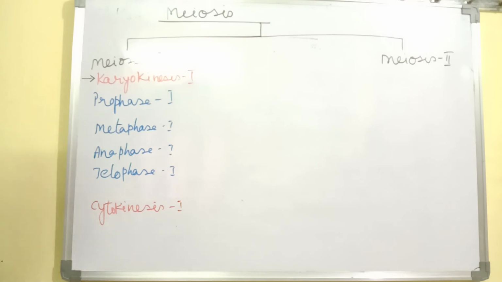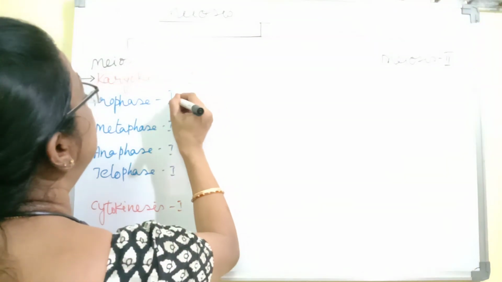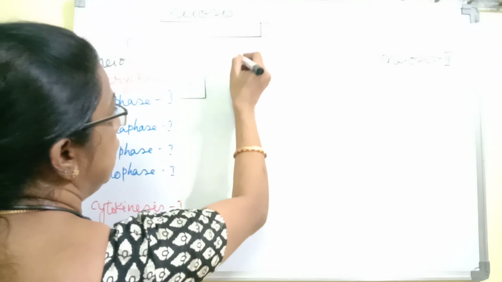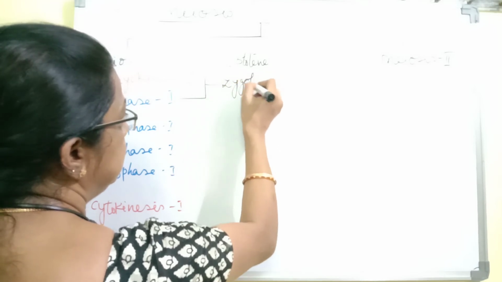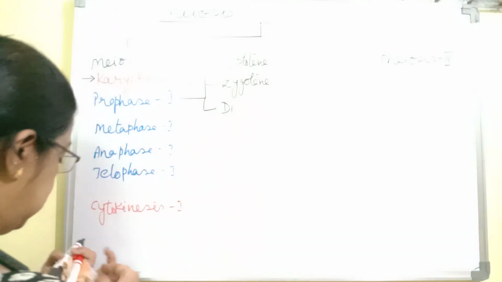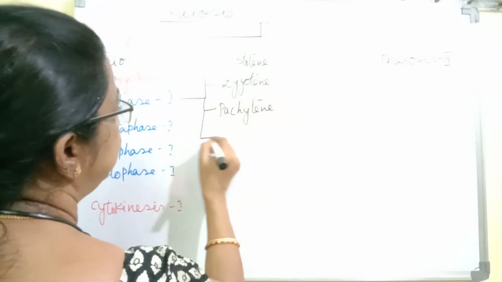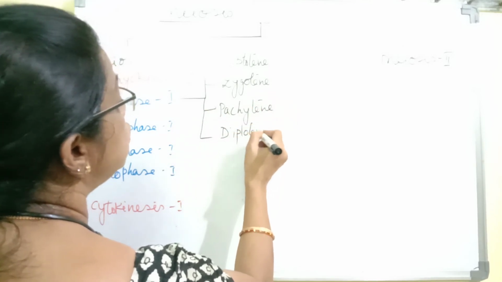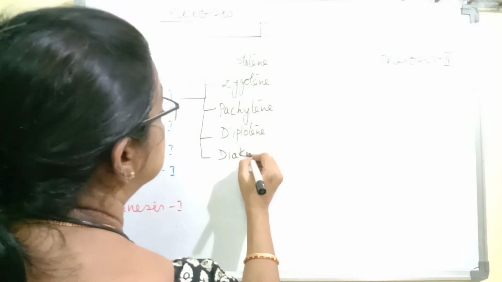Prophase 1 is the longest phase and is further divided into 5 subphases: leptotene, then zygotene, after zygotene we have pachytene, then diplotene, and then diakinesis.